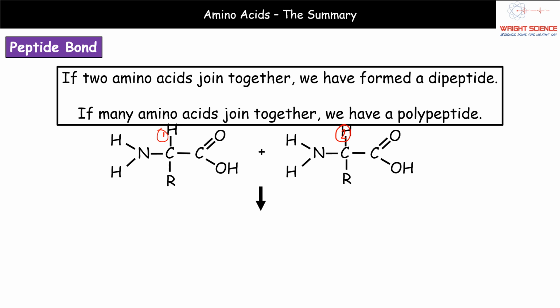So what we can see, we've got our central carbon atom, which has got the hydrogen and the R group attached. We've got an amino group on one side and the carboxyl group on the other. Same in both cases because the only thing that changes, remember, is the R group, and we've just written it as R for simplicity. When these two amino acids join together to form this dipeptide, then we need to be able to draw that peptide bond.